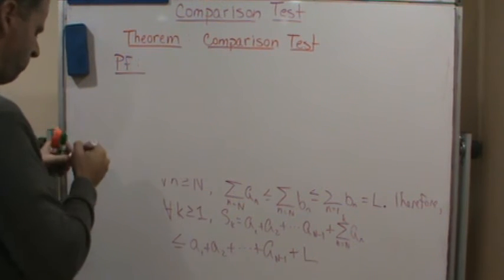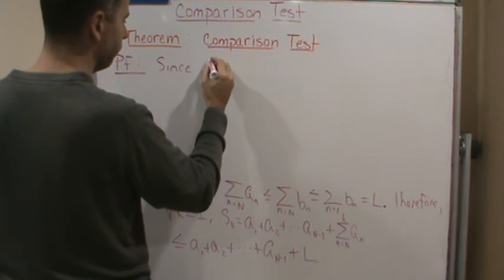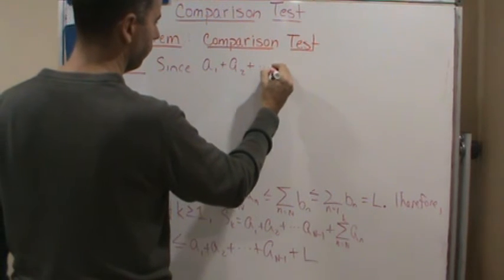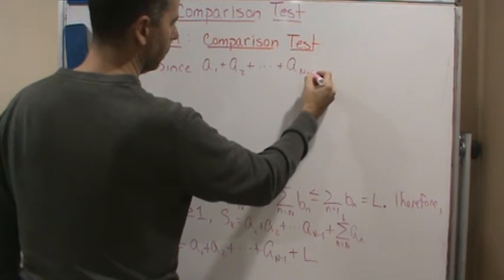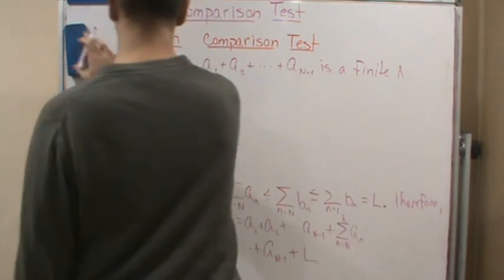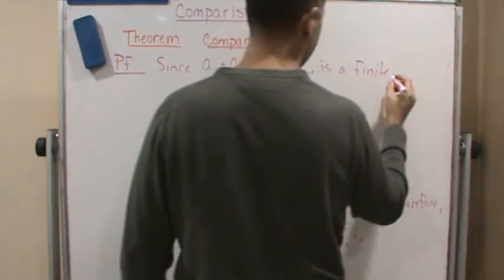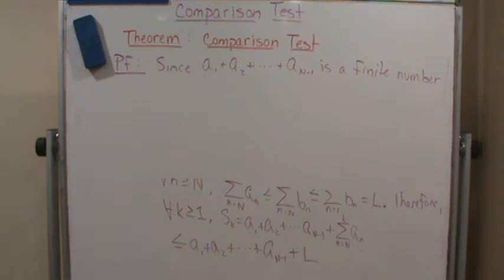Okay, now, since that partial sum from a sub 1 to a sub n minus 1 is a finite number, we conclude that the sequence of partial sums is bounded from above, right?